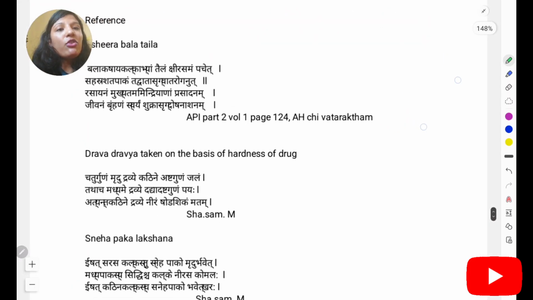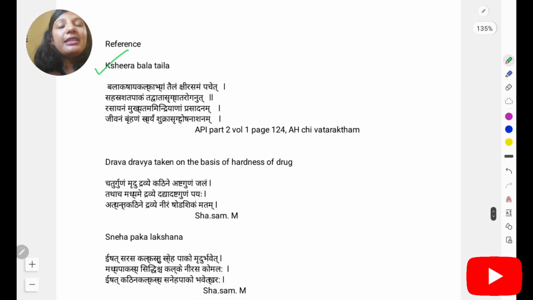Then for reference, this is basically for the theory exam, which is good if you remember it, but if you write it in the practical exam also, then you get 40 marks out of 40, because you are writing all the things, taking proper reference, and adding the method of preparation, the ingredient table and the result table. You are writing all the headings, so you will get maximum marks in practical if you write the shloka also.